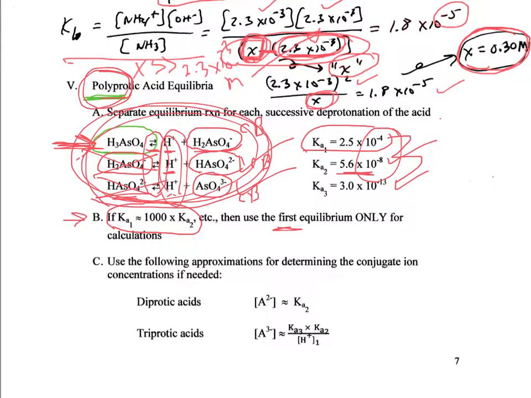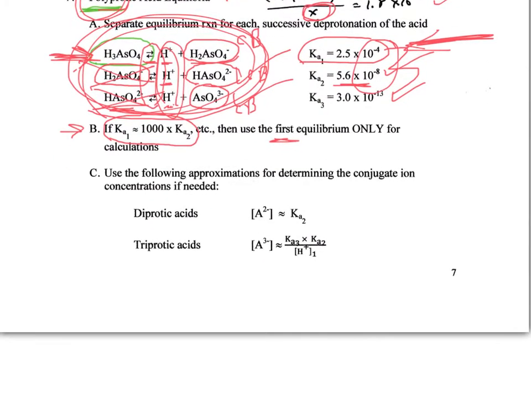The only one that really ends up mattering, if our K's align properly, with Ka1 being 1,000 times greater than Ka2, is the first equilibrium, but you could go and calculate the concentrations of all those ions in this series of sequential, successive ionization reactions.